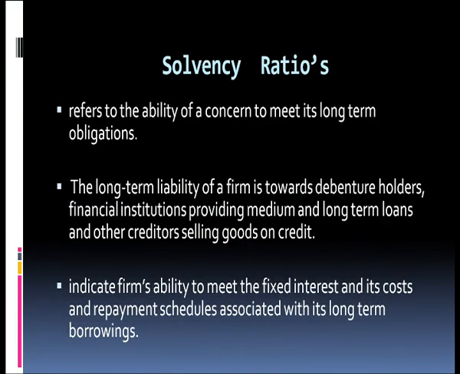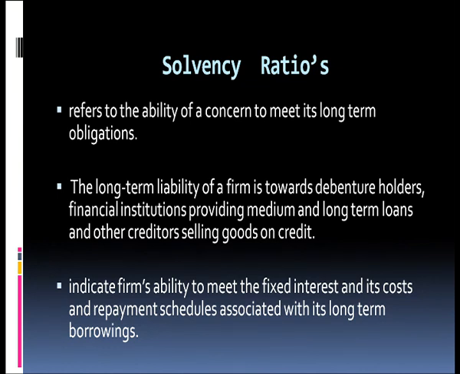Now, we move on to the second part of today's session, which is learning about solvency ratios. When we talk of solvency ratios, we are talking of long-term obligations or long-term payments which the firm or the business unit is required to meet for the various purposes for which it has obtained loans.